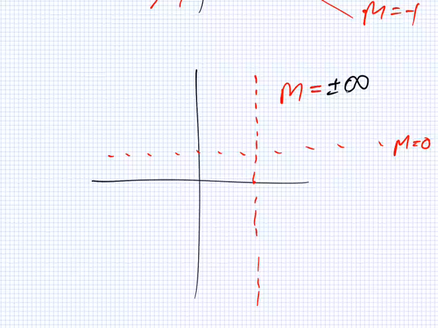So let me put that in here. So you get y equals 0x plus c. So that means y equals c. So this is the point 0, c. Always. Is that okay? Yep.